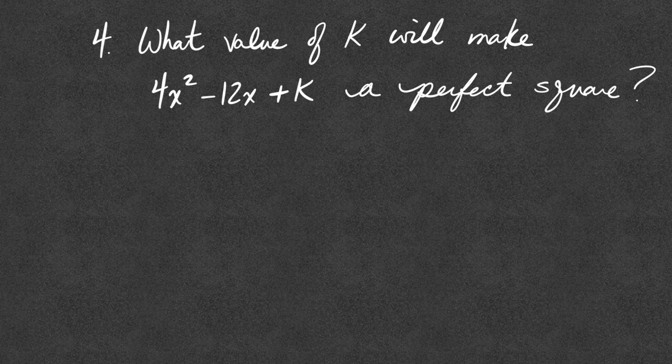Okay, we're back. I want to talk strategy on a problem like this. The problem says we have to make it a perfect square, so perfect square means something squared.